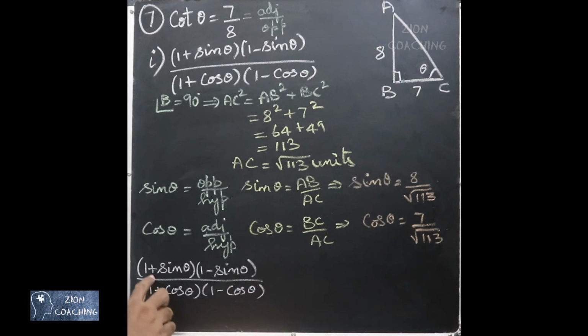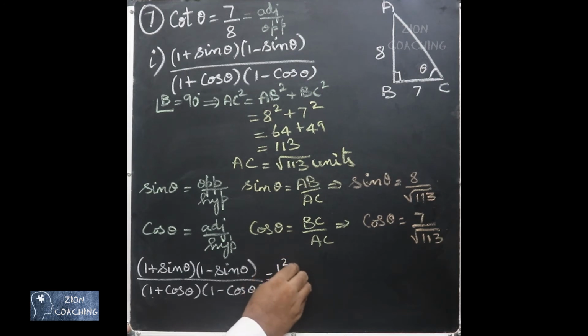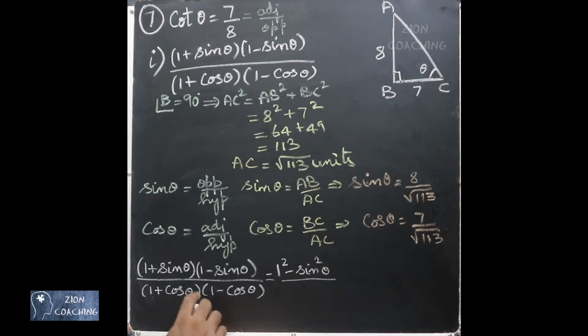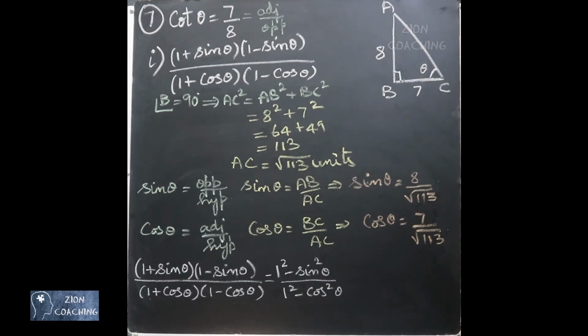This is of the form A plus B into A minus B. The denominator also is of the form A plus B into A minus B. So that can be written as A squared minus B squared by A squared minus B squared. So we are going to substitute the values there.